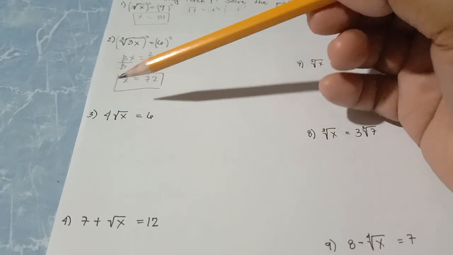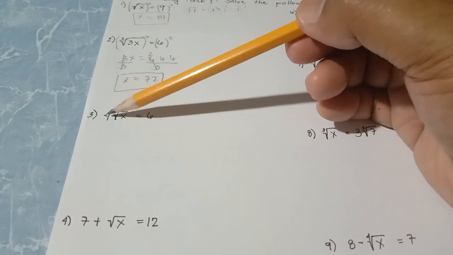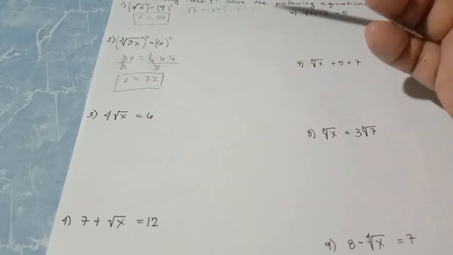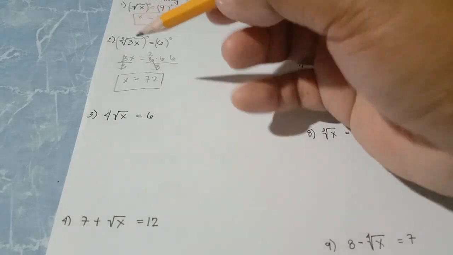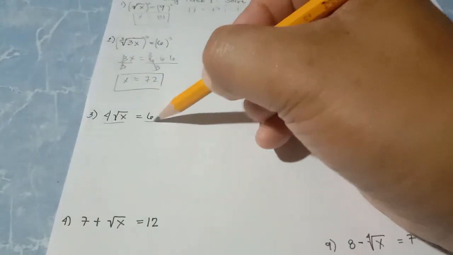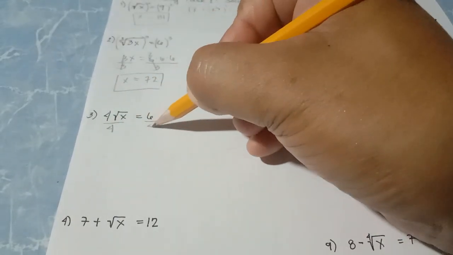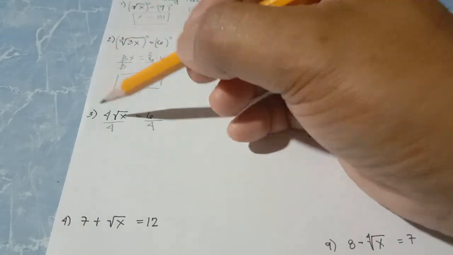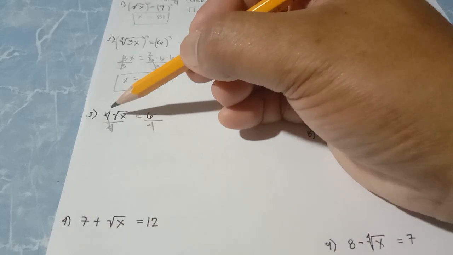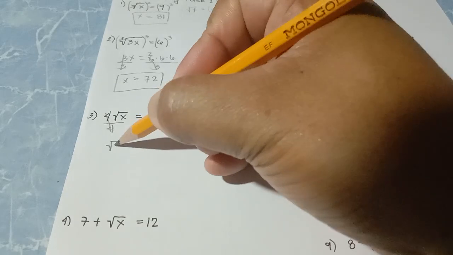Tatanggalin ko muna yung numerical coefficient bago ko i-square, kasi ito ay square root, para mas madali, para mas maliit na yung ating e-squared. Divide ko muna ito both sides by 4, kung anong gagawin sa kaliwa, siya mong gawin sa kanan to balance. 4 divided by 4, di ba nawala na yung numerical coefficient. Natira ko na lang ay square root of x.